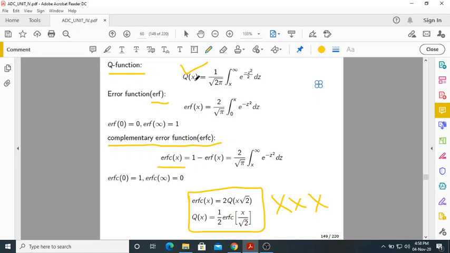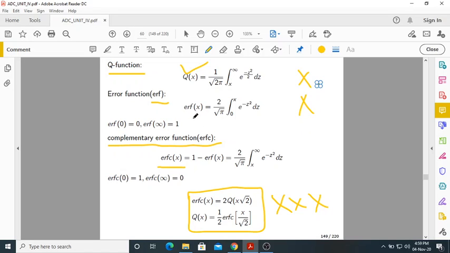Otherwise you can do like this: you remember the expression in the Q function format, and if you remember this relation, you can transform into another format. Because this is a relation between ERFC and Q function. If you know the expression in one format, you can convert it into the other format. I hope you are okay with this point. This is very, very important. You must remember this. Everything is very, very important.